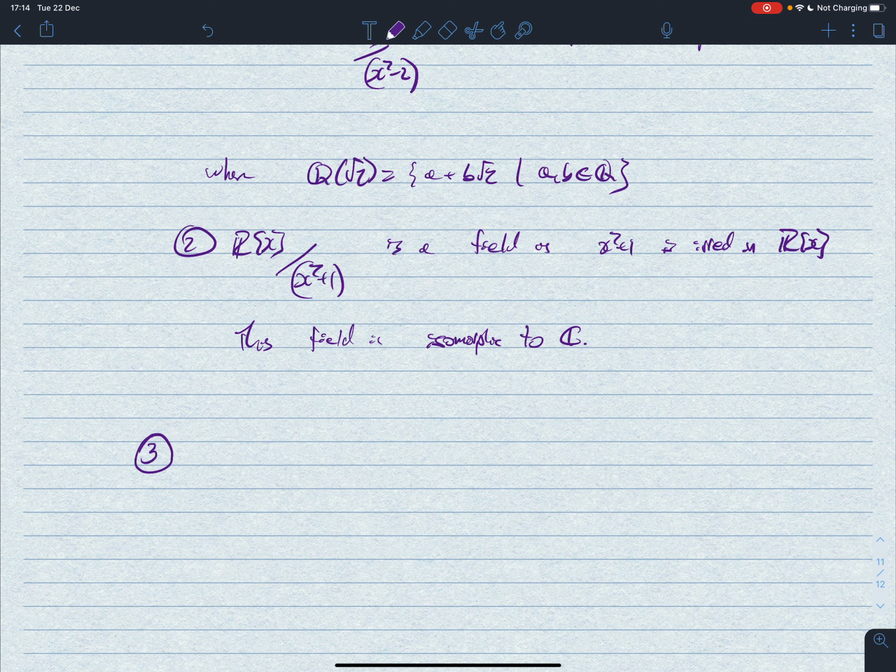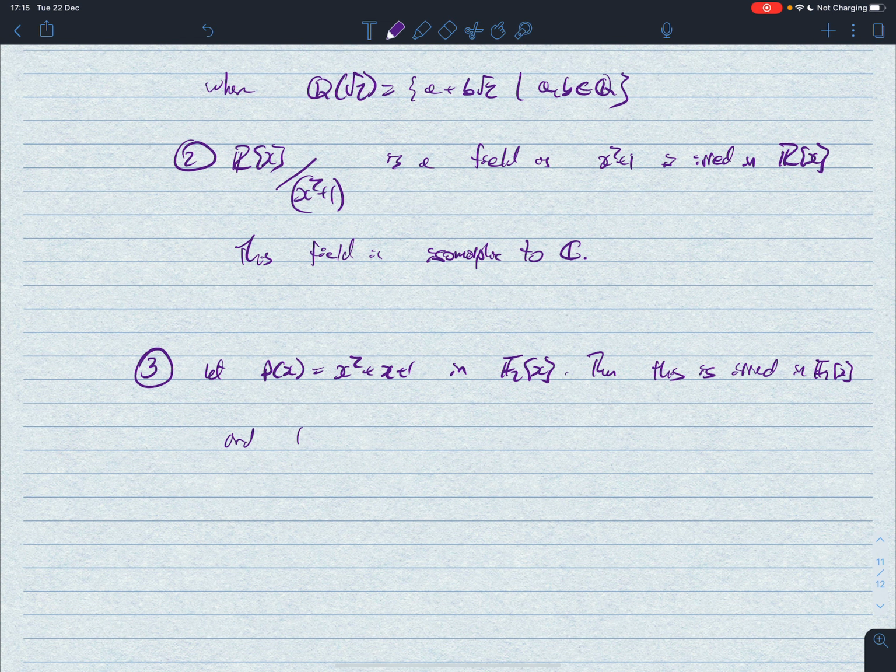Third, if I let p(x) be x squared plus x plus 1 in F2[x], where F2 is the field with 2 elements, then you can check that this is irreducible in F2[x], and therefore F2[x] modulo this ideal is a field.